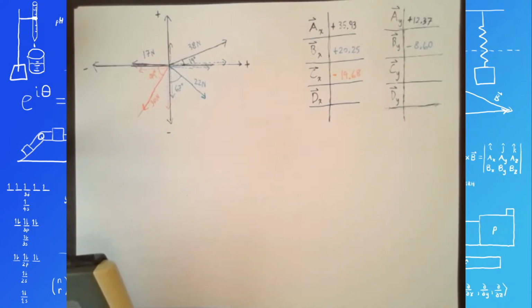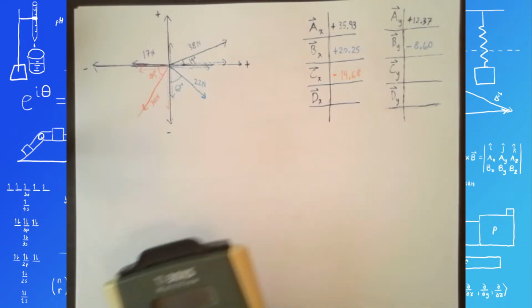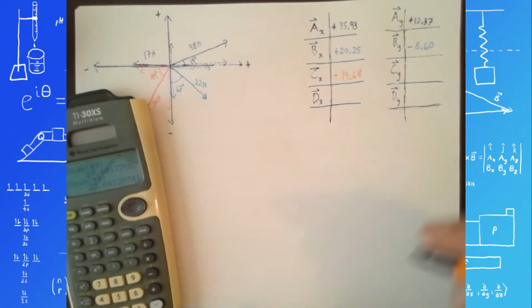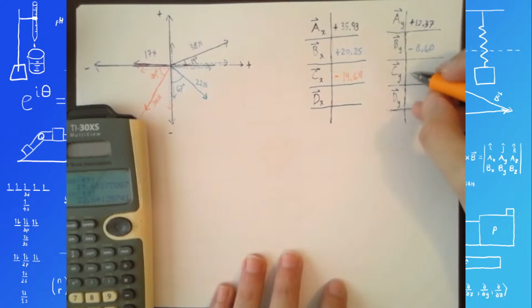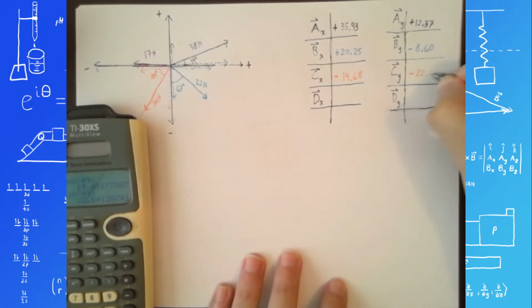Okay, and then for the sine component, 30 times sine of 49 is 22.64. And that's straight down, so that's also a negative direction, so negative 22.64.